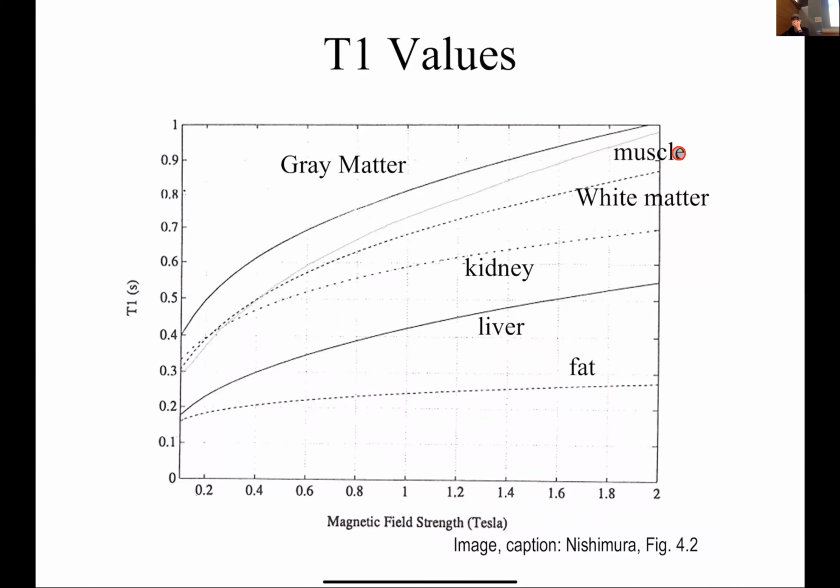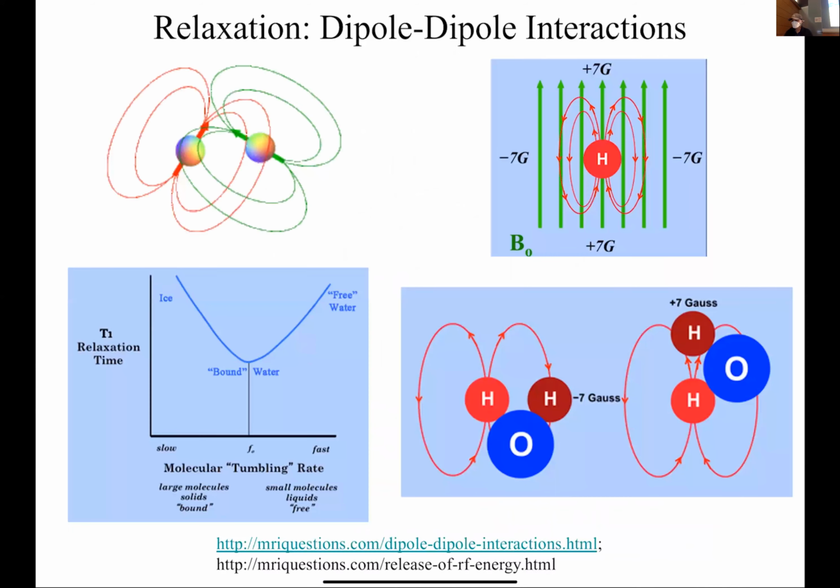We also talked about how different tissues, like gray matter, have different values, and there's also a dependence on magnetic field strength. You notice that the T1s get longer the stronger my field is. So I want to understand a little bit about what causes this. It turns out that relaxation is always due to dipole-dipole interactions. What happens with MR is that we have the main magnetic field, but every little proton is its own little magnet.